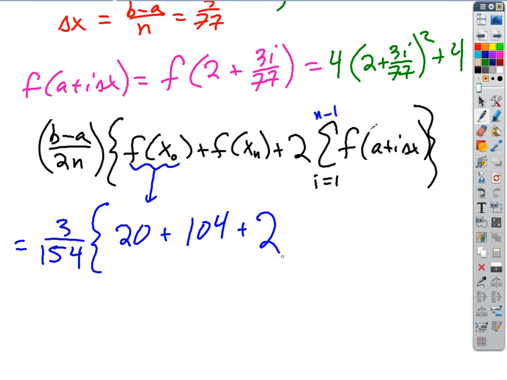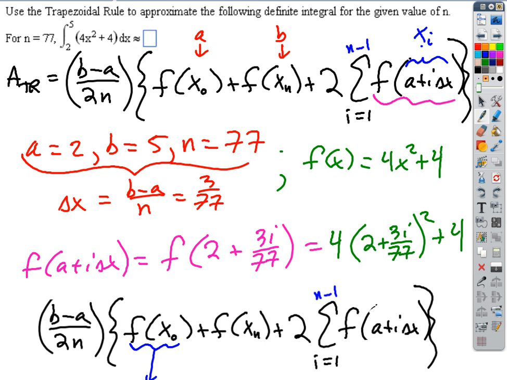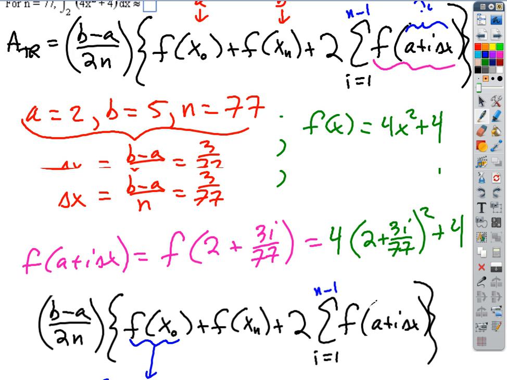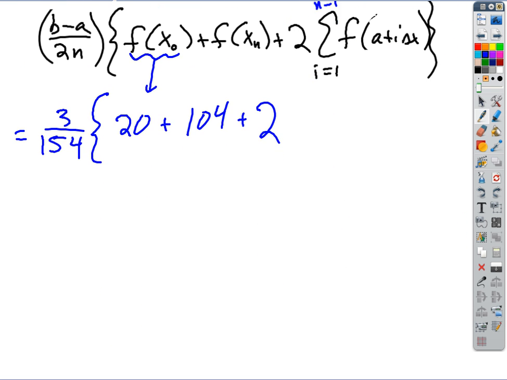Okay, no, let me do that again. Where did I get the 20? Because we're calculating our function, f of x. Let me write that bigger down here. So f of x equals 4x squared plus 4, right?